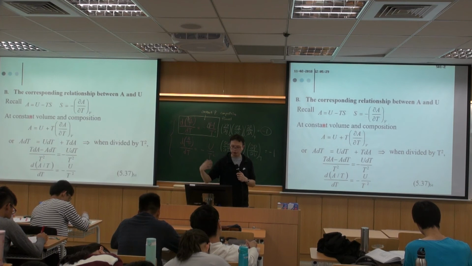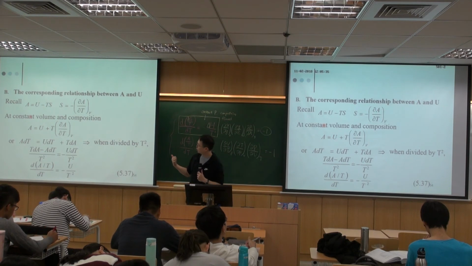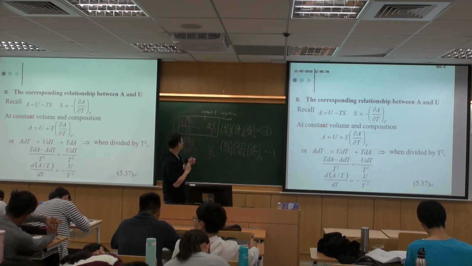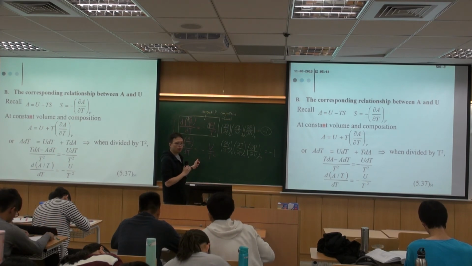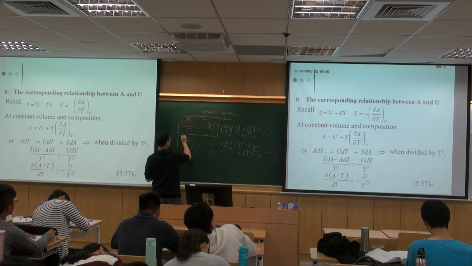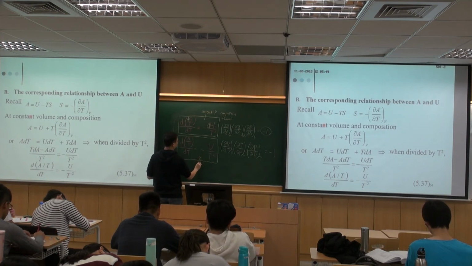And if you do the same thing for Helmholtz free energy and internal energy, you'll end up with a similar expression to the one I just wrote down. But of course, in this case, still remember, this is for constant volume.